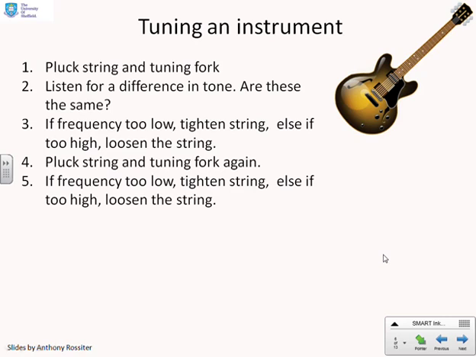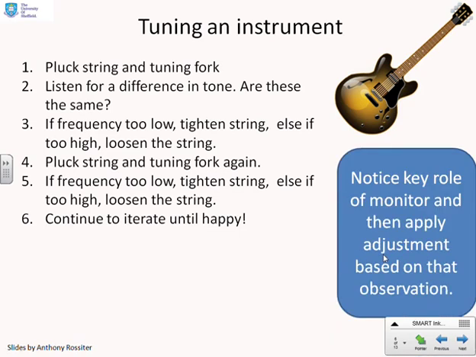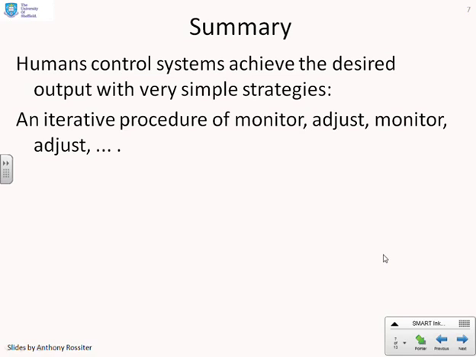If it's too high, you'll loosen the string. And again, you'll see there's this iterative process of adjusting the string, listening again, adjusting the string, listening again. So once more, you notice the key role of monitoring what the output is doing and then applying an adjustment based on that observation.